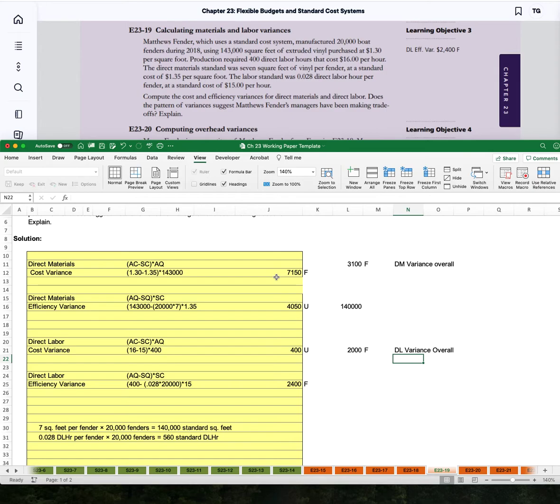You might be asking yourself, wait a second, did we buy a cheaper product, but now we're wasting more of it? And yes, it appears that that could definitely be what's happening. However, the overall impact is still favorable. So maybe it's okay for us to waste a little bit more material because we're getting it cheaper enough that it makes it worth it.